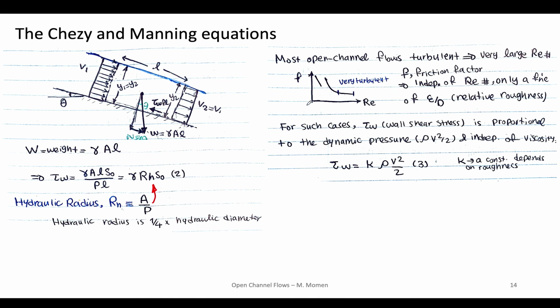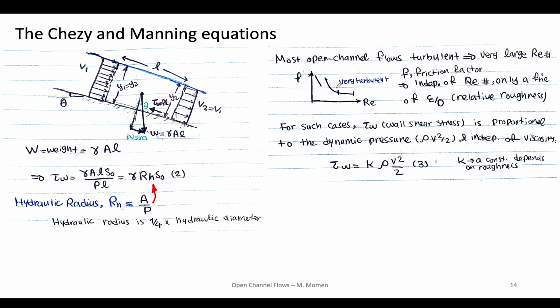And if you remember, this was the Moody diagram, where we had Reynolds number versus the friction factor. In the Moody diagram, we had one part which was for laminar flow, and one for turbulent flows. Here we had the transitional regime, and then here the flow became very turbulent. So for very large Reynolds number, the flow becomes very turbulent.